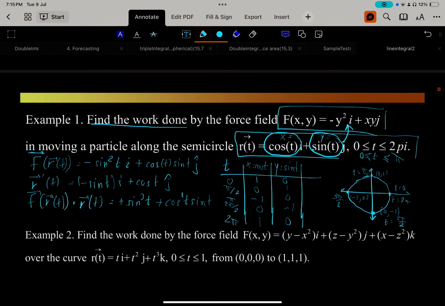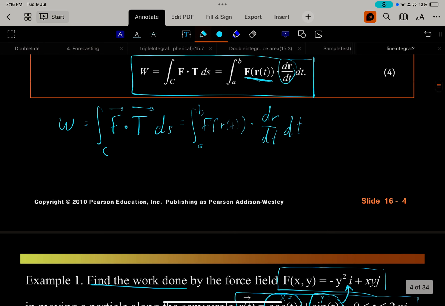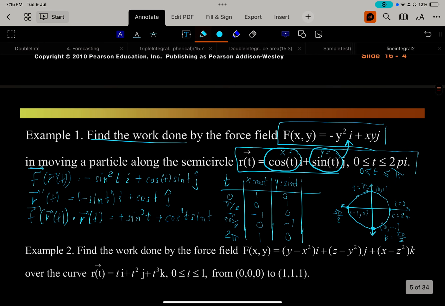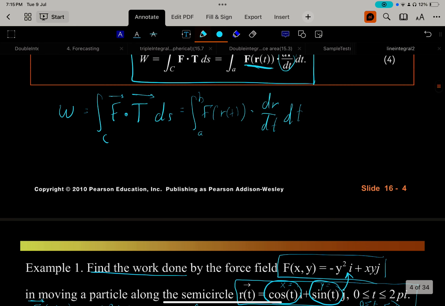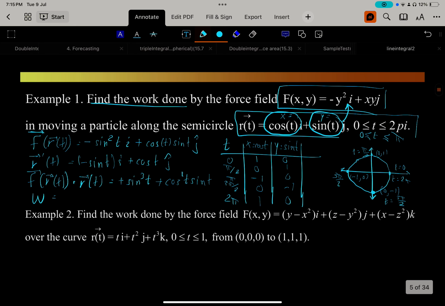That's basically our product. And so let's find the work. Work is equal to the integral of sine cubed of t plus cosine squared of t sine of t dt, of course, from 0 to 2 pi. Now we can evaluate this.